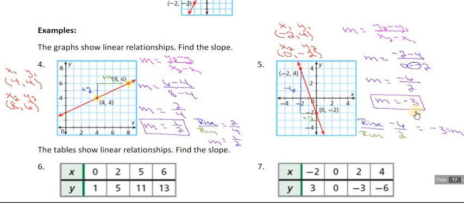If we count along our city blocks, okay, always go left to right and rise first, I had to go down 6 units until I got even with my next point. So our rise was negative 6, and then we ran to the right, which would be positive 2 units. So the rise of negative 6 over the run of positive 2 simplified also to slope of negative 3.